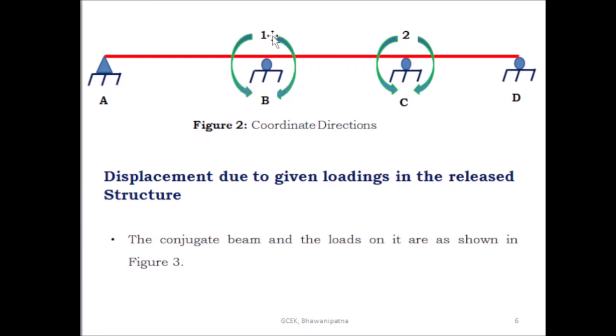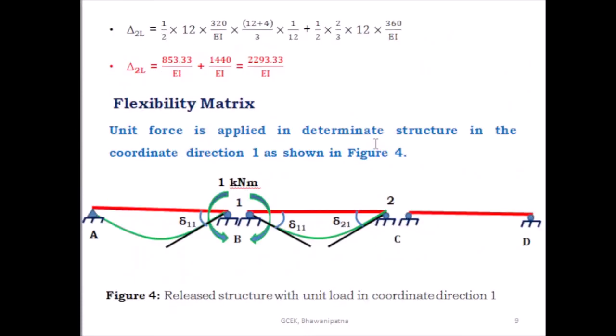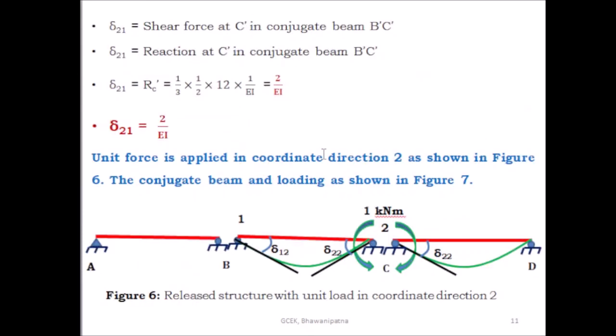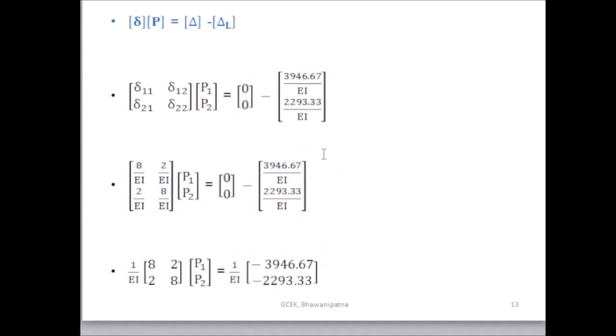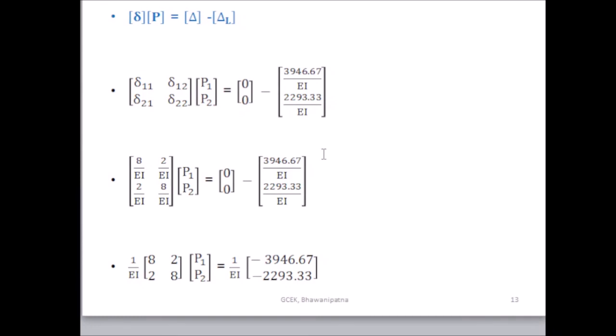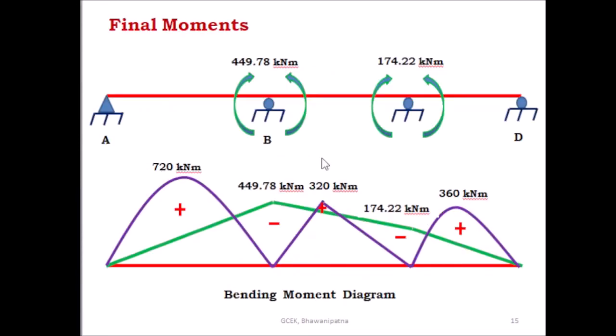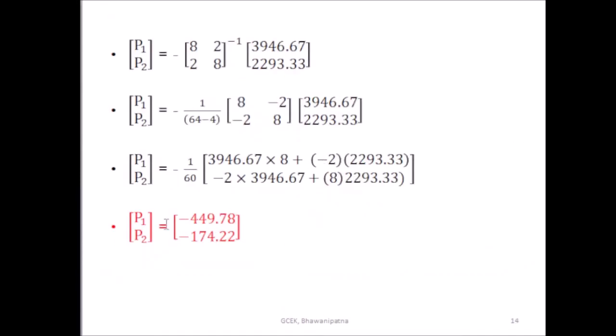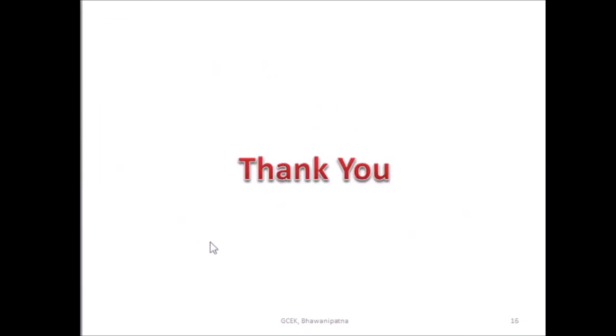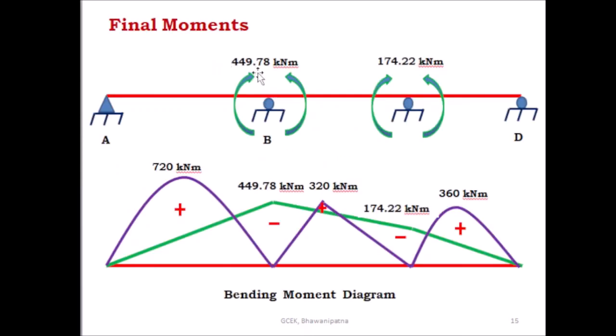Here this side is anti-clockwise and this side clockwise, and here also this side anti-clockwise, this side clockwise. Just change the direction of the coordinate, because you got the negative value. That's why you change the redundant force direction. P1 is minus 449.78 and P2 is minus 174.22, but here you give 449.78 after changing the direction of the coordinate.